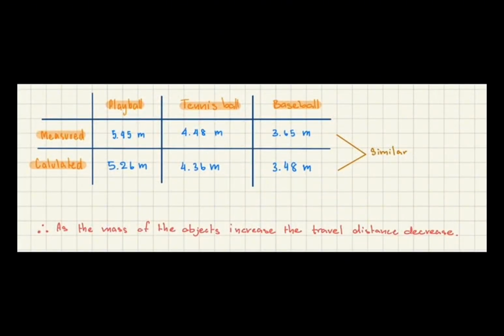The data follows the same trend. However, there are some differences due to the air resistance, which is non-negligible, but the trend shows the similarity. And this can prove that when the mass of the ball increases, the distance will decrease.